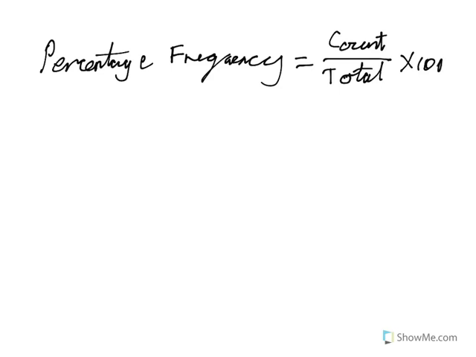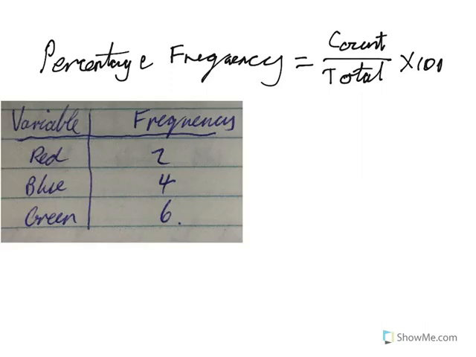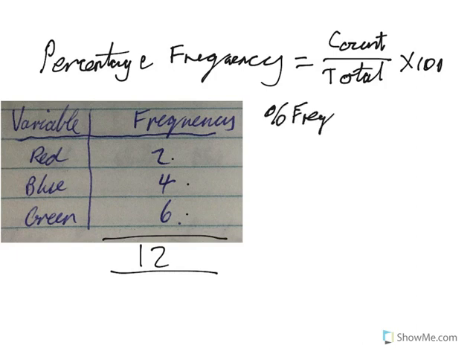So our previous table, if I bring it up here. So this is frequency as a number. Now if I count all of those up, there's 2 plus 4 is 6 plus 6 is 12. So our total count is 12. And so if I want to know my percentage frequency, then I do my count, which for red is 2, over 12 times 100, and I'll get 16.7%.